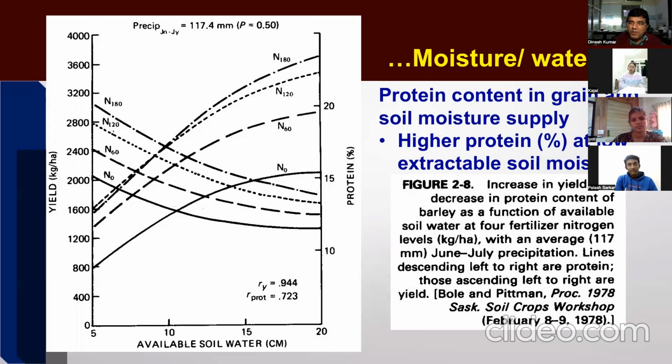If you remember the law of Mitscherlich, the nitrogen yield inverse law. As you increase the concentration of nitrogen in produce, the growth and yield declines.